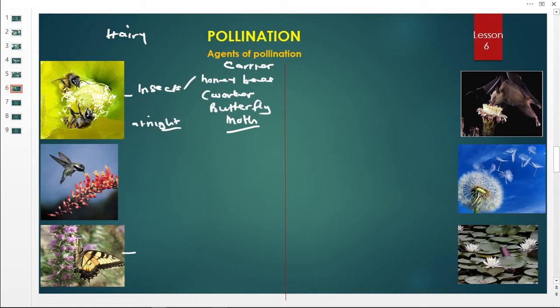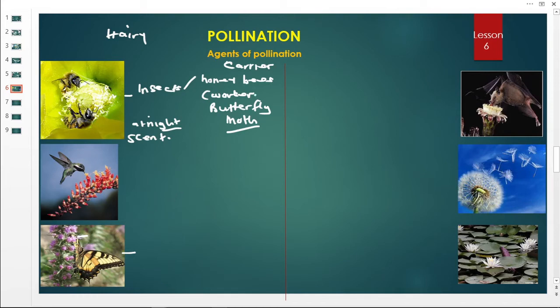These moths are able to pollinate flowers at night by the help of scent, the good smell produced by flowers. For example, if this flower produces a good smell at night, then these moths are sensitive to that scent from the flower. So it will follow where that scent is coming from until it lands onto that flower.